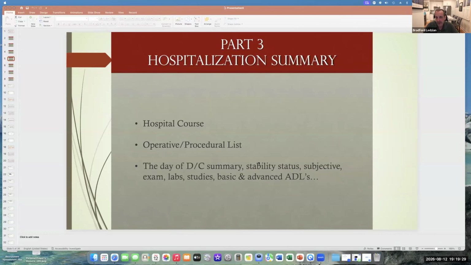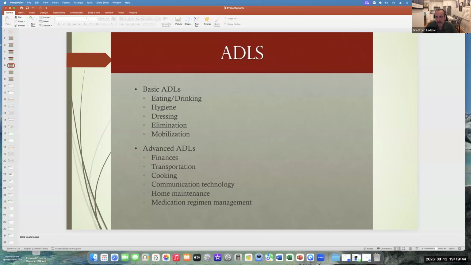The day of the DC summary, you have to do a quick summary of the patient's stability, their subjective status, their physical exam, that day's labs, that day's studies, and then their basic and advanced ADLs. And their basic and advanced ADLs are important because that really is what determines: can you go home? Do you need to go home with visiting nursing?